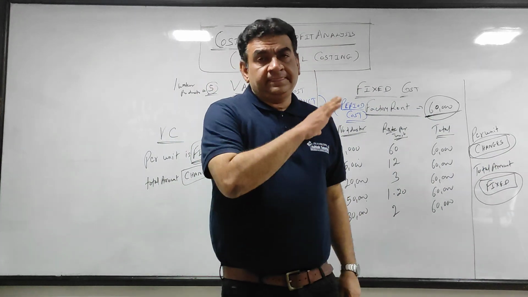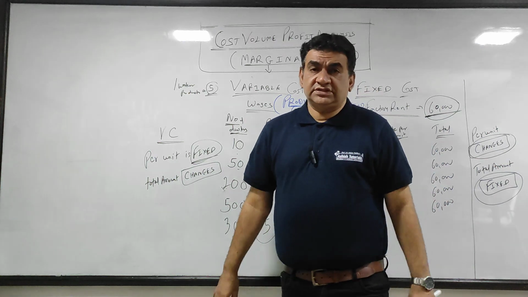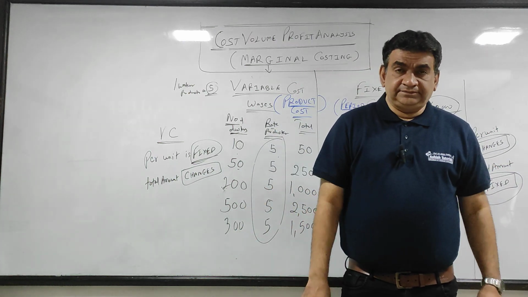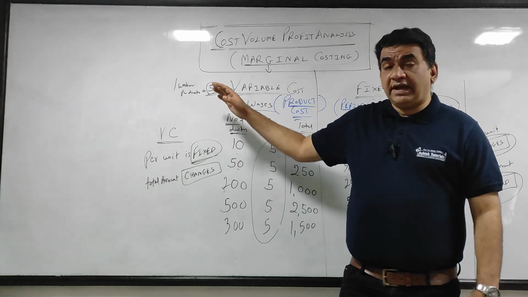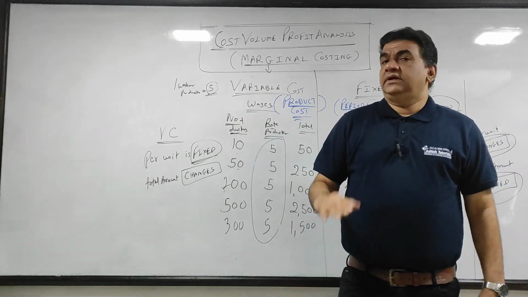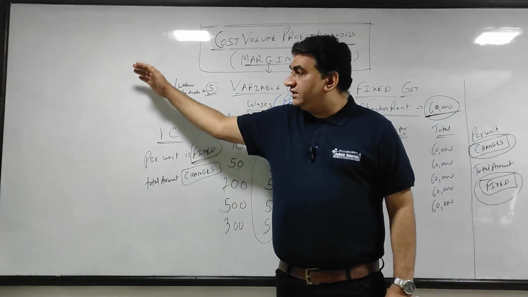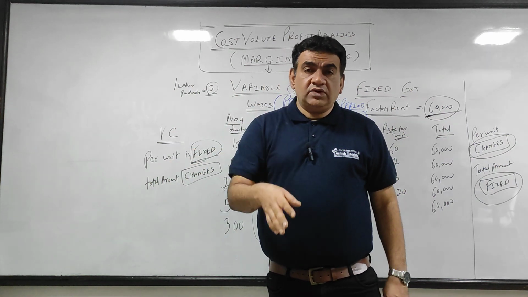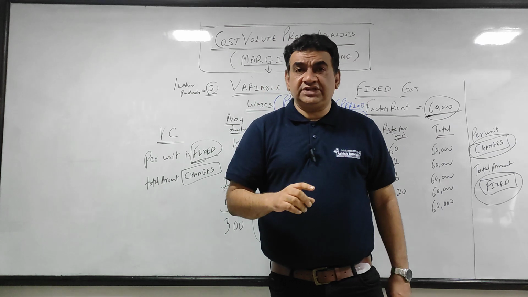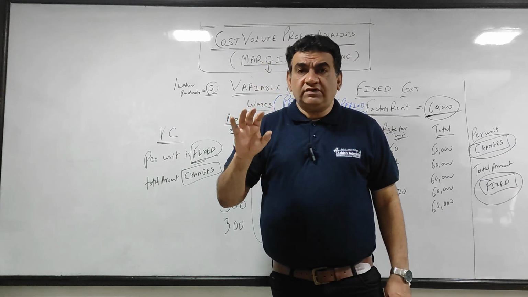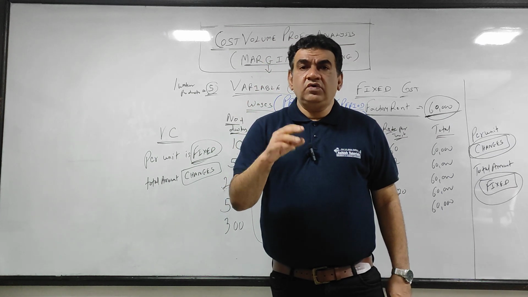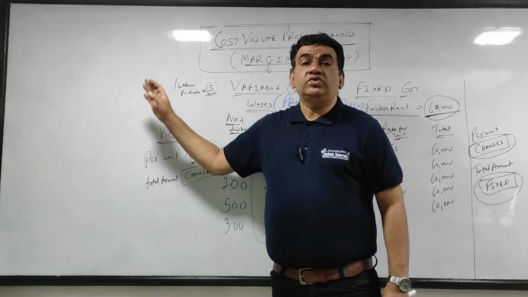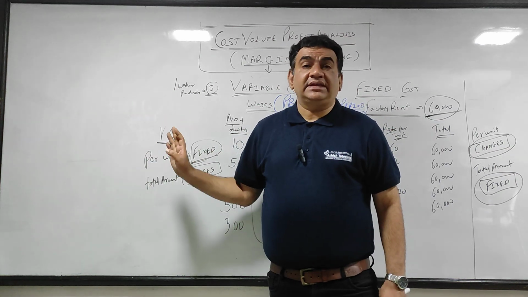Now listen, there are a few terms which are related to the practical part of this chapter. I will take those terms one by one. If I explain the terms one by one, then again I'll have to solve the sum. So what will I do? I have made a small question. Taking the base of that question, we will do all maximum possible calculations so that you get the concept properly.